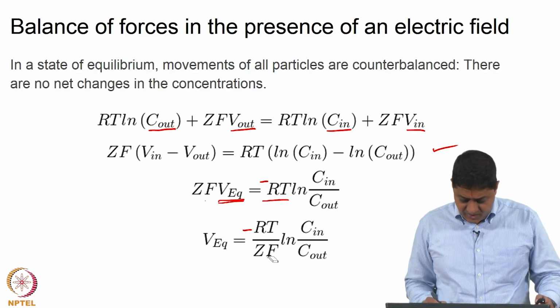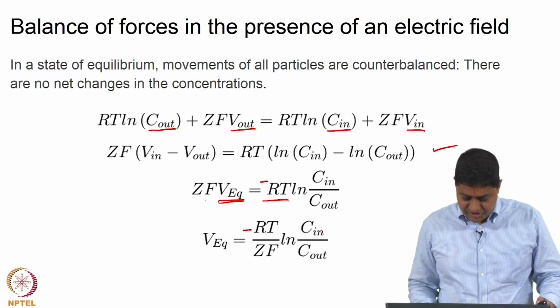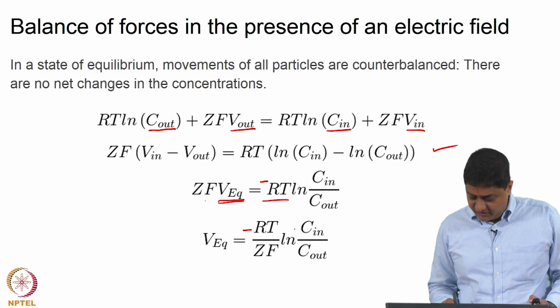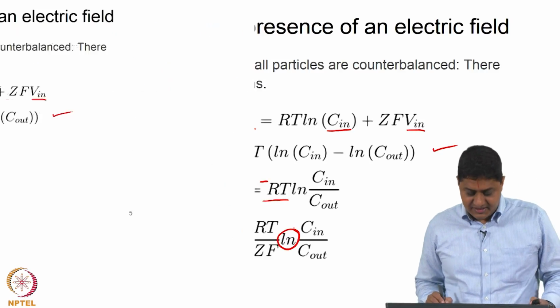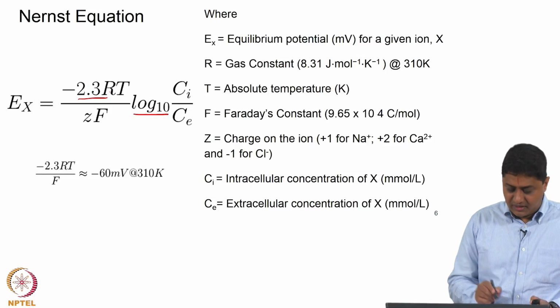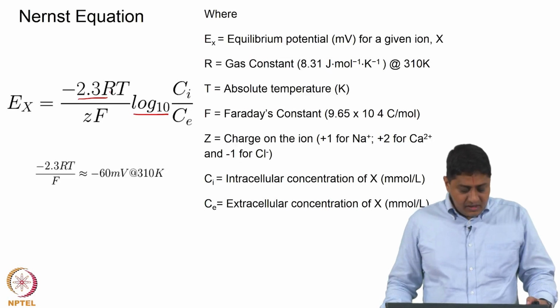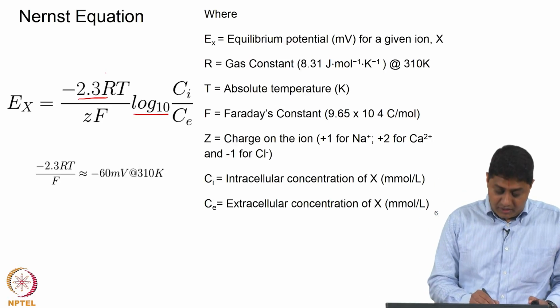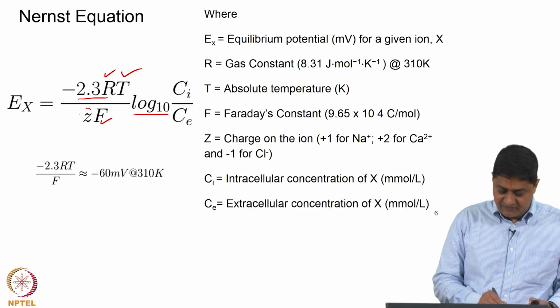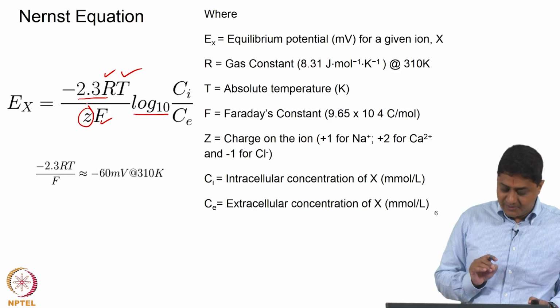So, that is the equilibrium potential, and I could for example convert the ln here to log. Using this multiplication factor, and I know R, T, F, the only thing I do not know is Z, which changes depending on which particular ion I am considering.